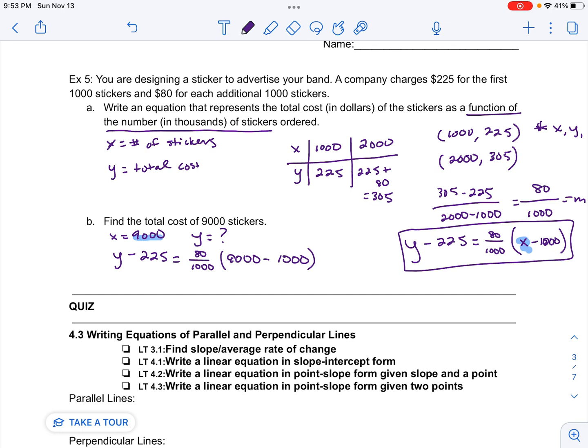So when I do that, on the right side alone, that doesn't seem right.